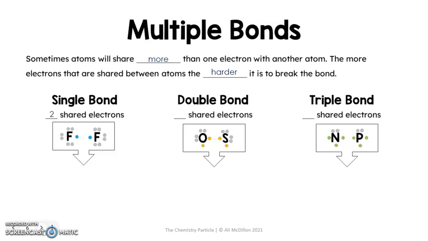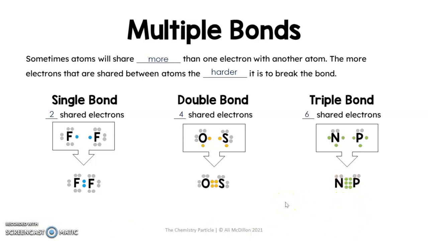Single bonds share 2 electrons, and that would look something like this. Double bonds share 4 electrons, so it's basically 2 shared pairs of electrons. And triple bonds would share 6 electrons, and it would look something like this.